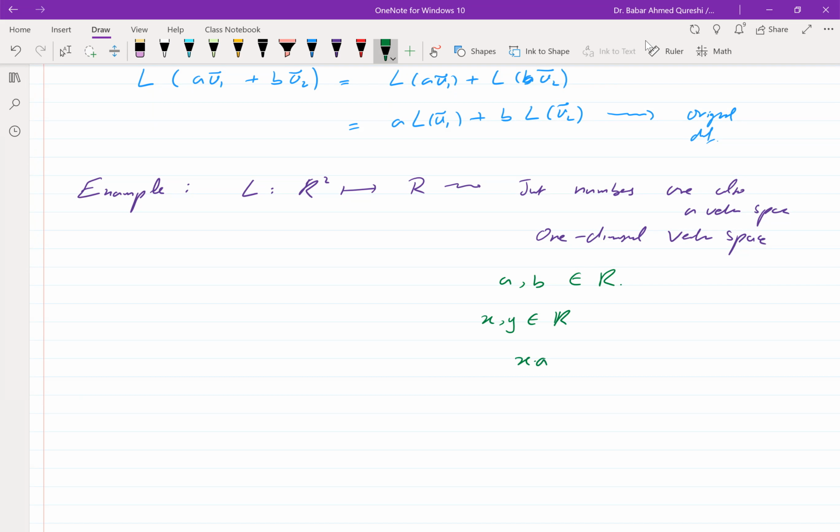Yes, multiplication is defined for numbers. And can I add them? Yes, addition is also defined for numbers. This is also back in the set because it's a number. So real numbers themselves are a vector space.